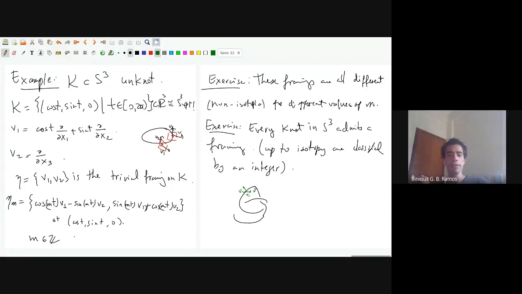But actually, all you need to do is choose V1, because if you know that your knot is oriented, I mean, if you pick an oriented knot, the ambient space is oriented. So if you pick V1, the other guy is just fixed for you by the orientation. So all that you actually need to fix a framing is one vector field up to isotopy.